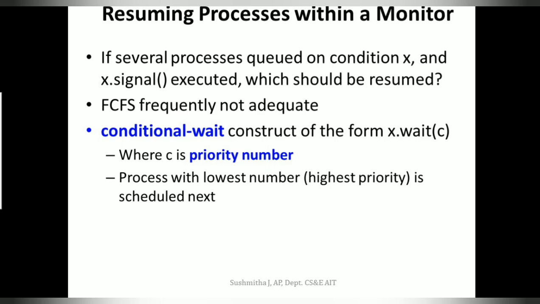Is it P1, is it P2, or is it P4 and P5? One of the solutions that we have is first come first serve. We have also seen in CPU scheduling that first come first serve is not a very effective method of resuming the process.